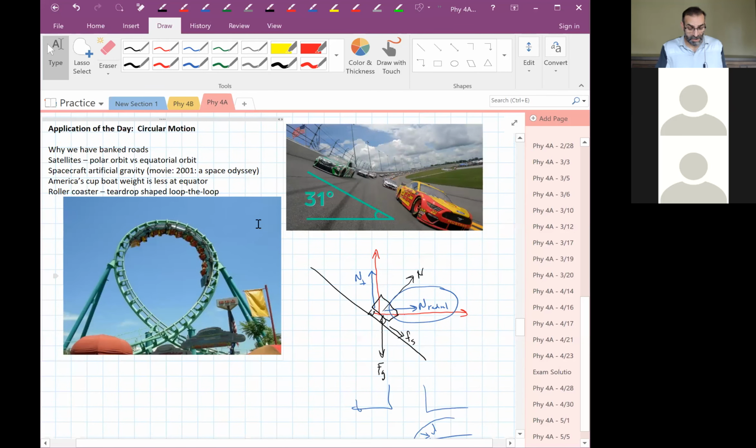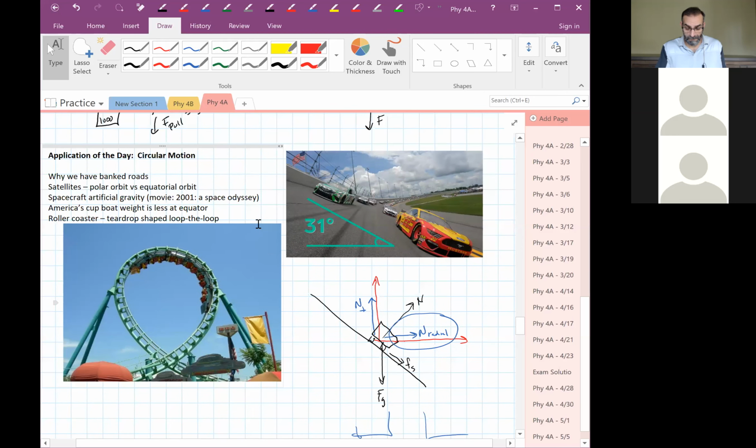What force would cause... well, the car could theoretically go fast enough where even the normal force and friction isn't enough to keep it moving in a circular path, and it would slide up the incline in this direction. If it's going too fast, it's going to slide out up the incline in that direction.